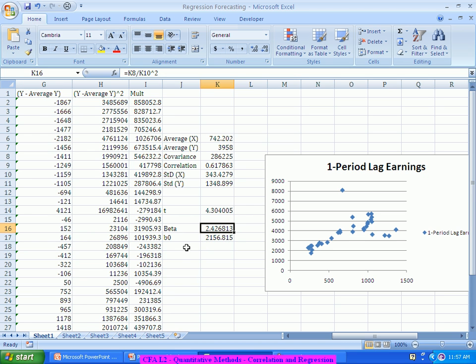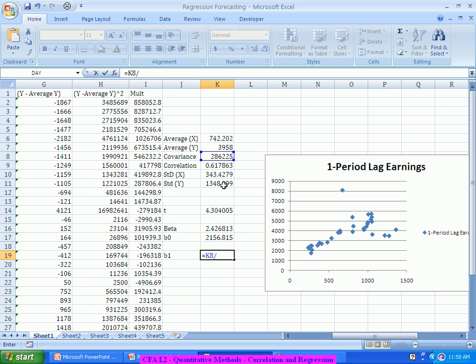Now in the same case, if I change the roles of x and y, we'll see completely different values. If I make the earnings x and the share price y, my beta, so the equation, depends completely on which is x and which is y.